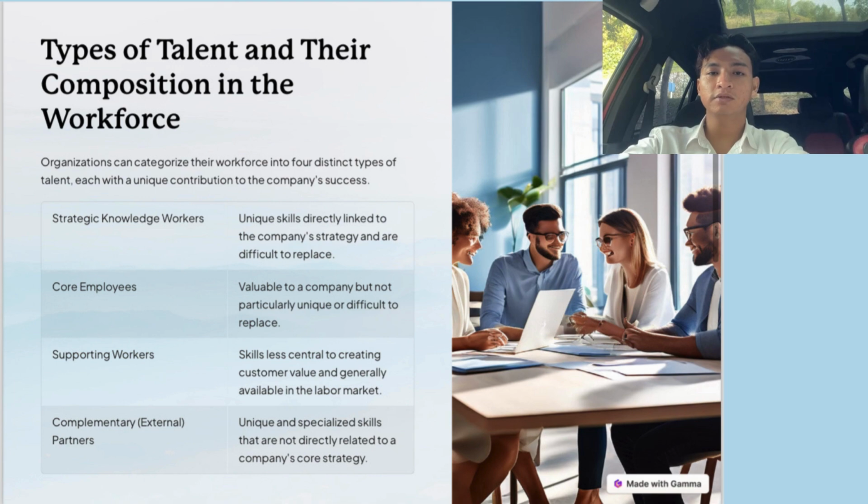For the second one is core employees, valuable to a company but not particularly unique or difficult to replace. And the next one is supporting workers, skills less central to creating customer value and generally available in the labor market. For the next one is complementary external partners, unique and specialized skills that are not directly related to a company's core strategy.